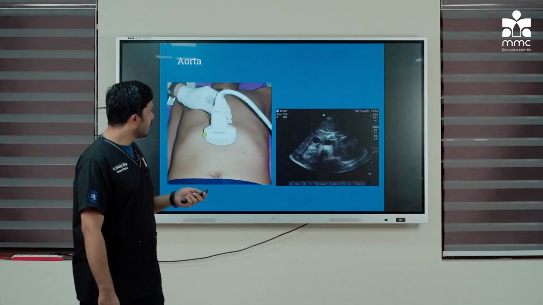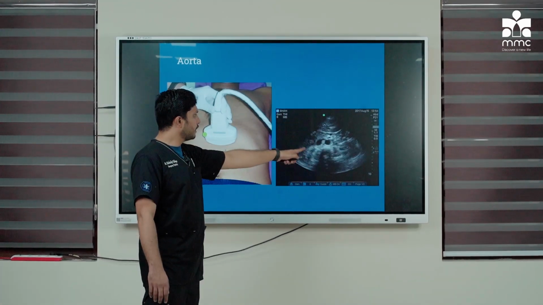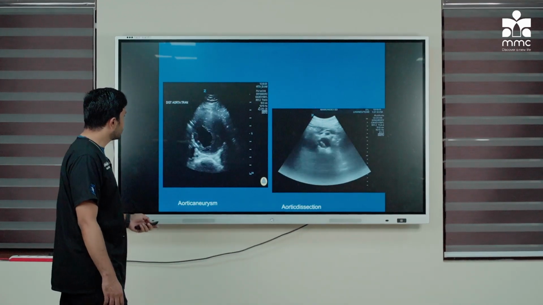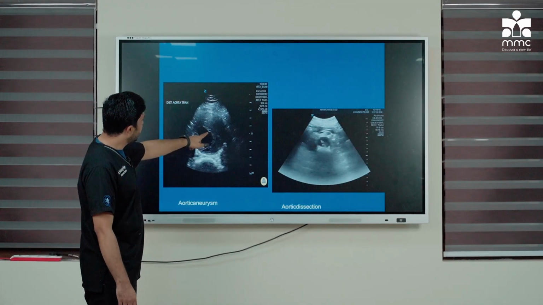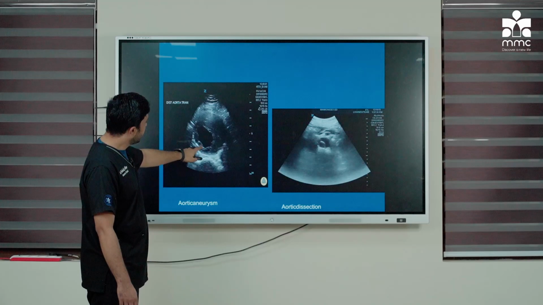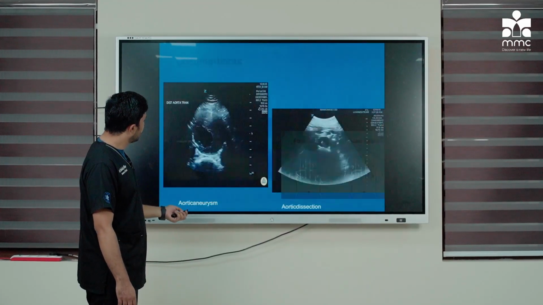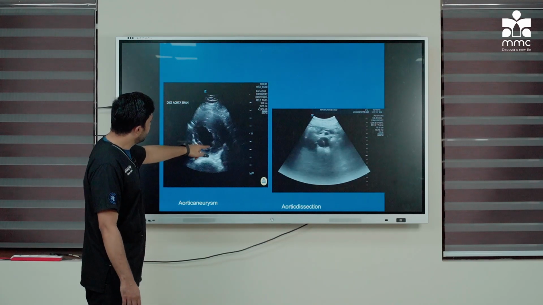So we have to look at the aorta, and we have to look at the structure of the aorta. We can discuss the abnormalities also. So here you can see that this one is the aorta, and it is showing an outer margin and an inner margin.